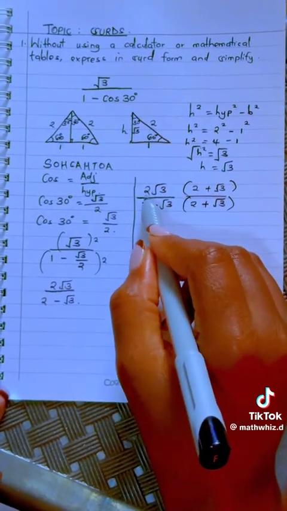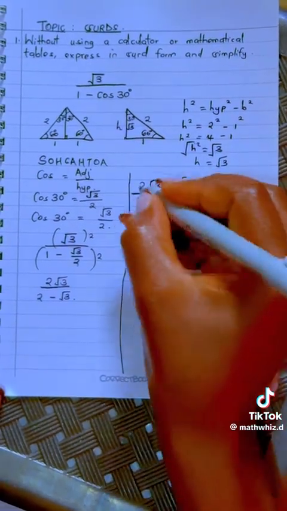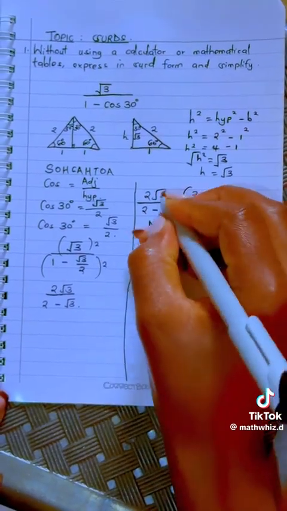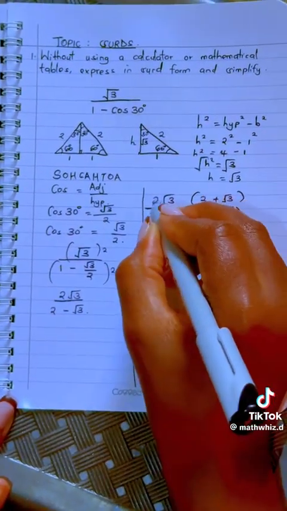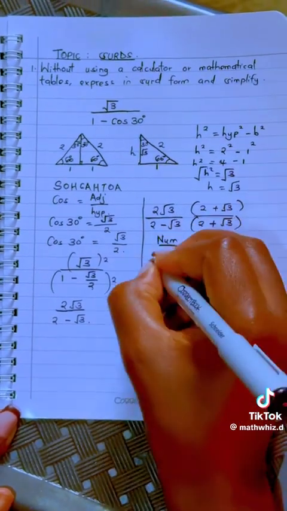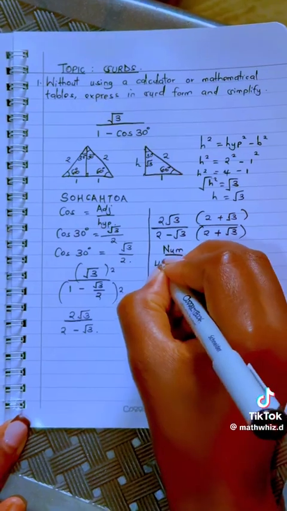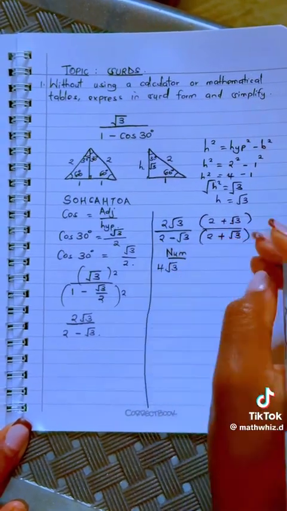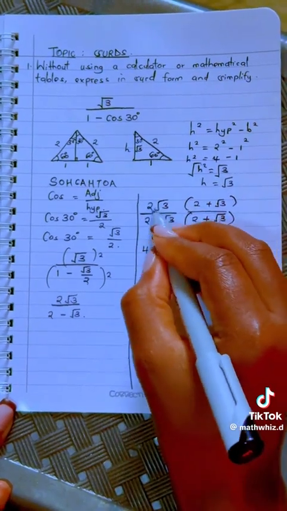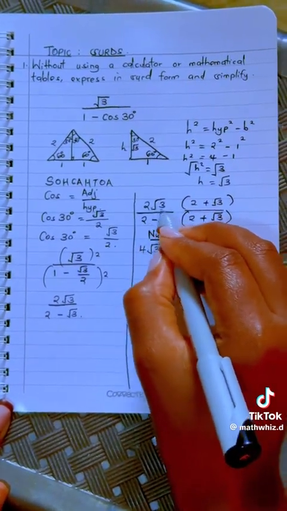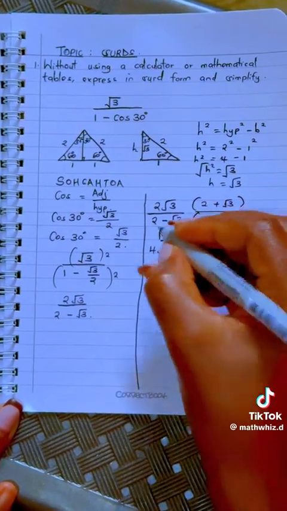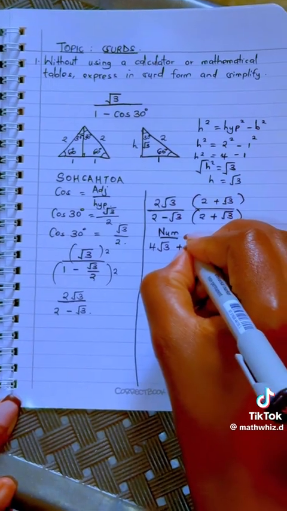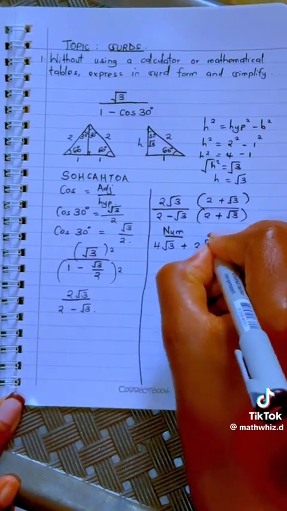So the numerator becomes 2 times 2 root 3, which is 4 root 3, and then 2 root 3 multiplied by root 3 becomes plus 2 root 9.